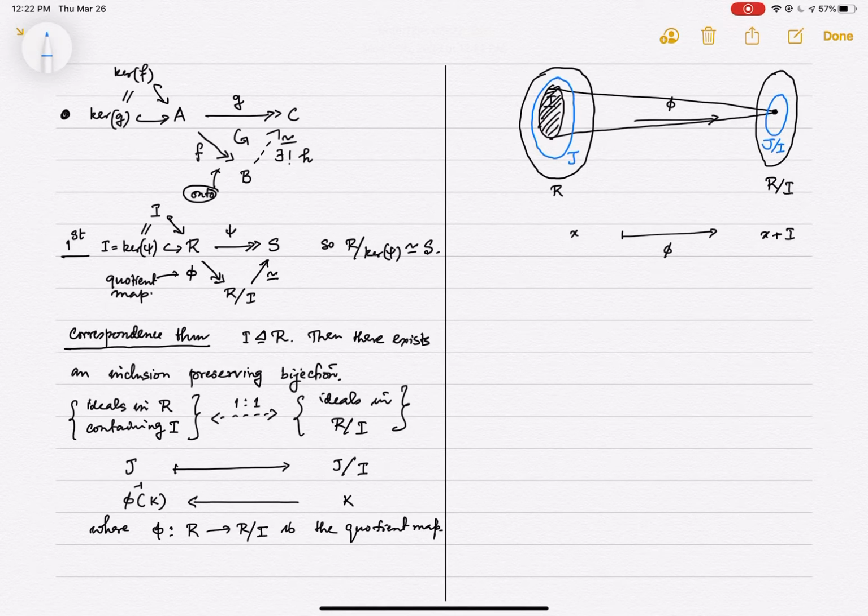And if you give me a bigger ideal K, I'll get a bigger ideal on the right hand side. Yeah, that's the inclusion preserving. That's the correspondence theorem. So when you go to the quotient R mod I, you can forget about the structure inside I and only focus on the structure that is above I, and the ideal structure above I is preserved. Okay.